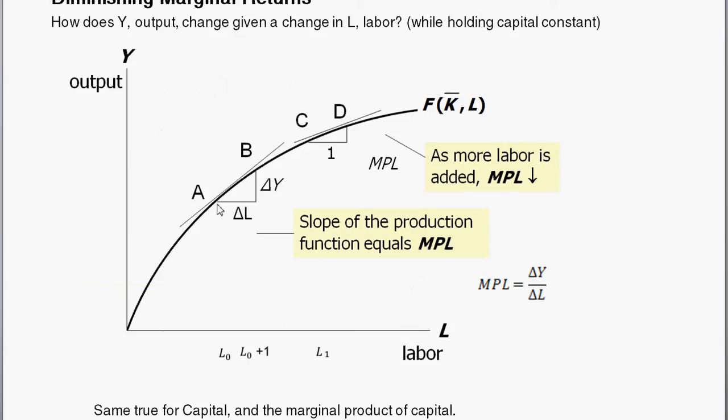So if you remember over here, let's say we increase labor by 1 unit, the firms together get this increase in output. Well, that increase in output is what they have to pay for that extra little bit of labor. So over here, going from C to D, we increase labor by 1 unit and we get this increase in production.